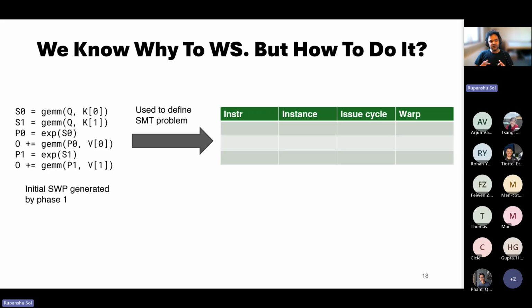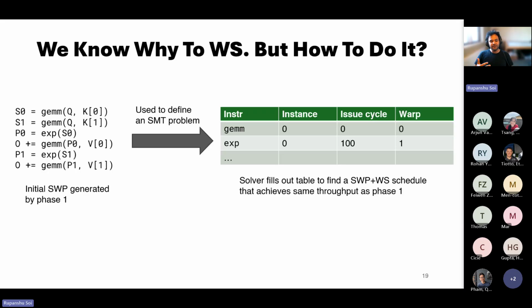So the solver really works over this table. And the solver's job is to fill out this table. And once you fill out the table, it gives you a concrete pipelining and warp specialization schedule. And so what the solver is doing is placing instructions into this table, and it has a bunch of constraints that the placement of instructions must satisfy.